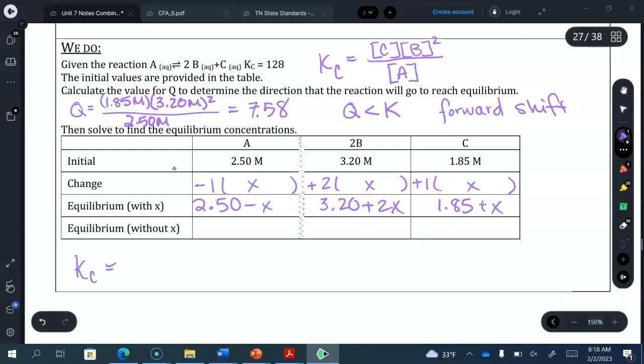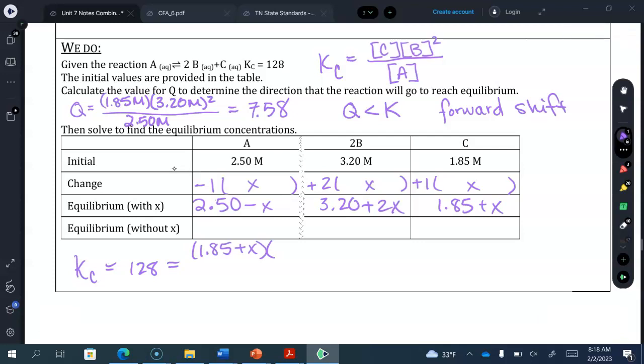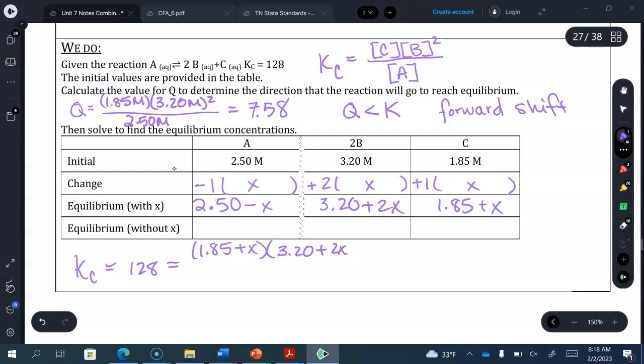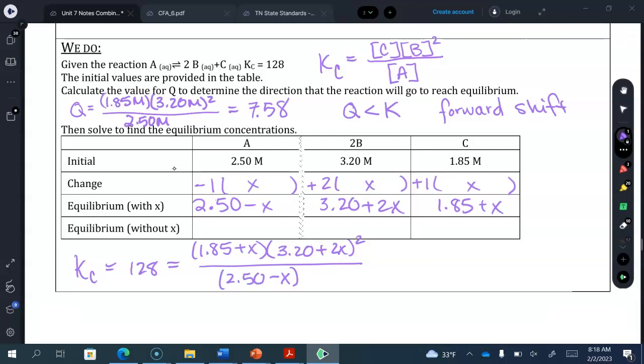So Kc is equal to 128, which now substituting in our expression, 1.85 plus X times (3.20 plus 2X) squared divided by 2.50 minus X. Okay, so this is not going to be an easy one to solve for.